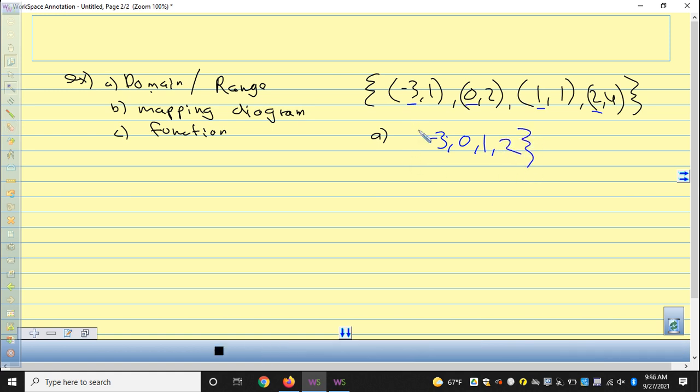Those are my x values. The range is the y values. So that's going to be the set 1, 2, and 4. We have 1 again, so I'm not going to write it again. This is the domain in blue. And the red values are the range.